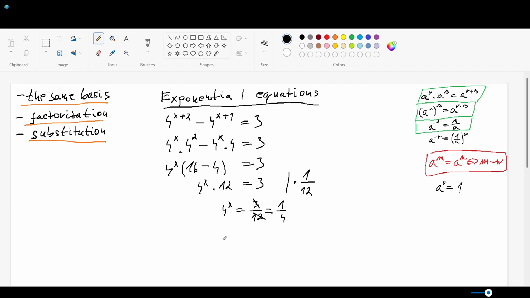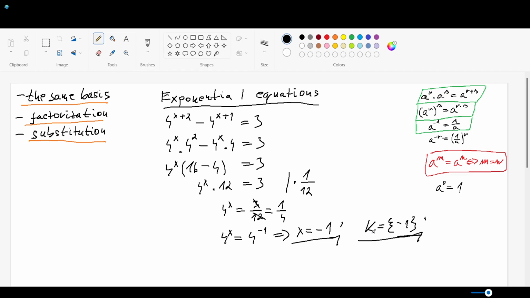So using this fact, we can come to the equation 4 to the power of x is equal to 4 to the power of negative 1, and then you can see that x must be equal to negative 1. Again, you do the check on your own, and you will see that our calculation is correct. So after doing the check, you can make the conclusion that the set of the roots or solutions is again a one element set, and it is number -1.